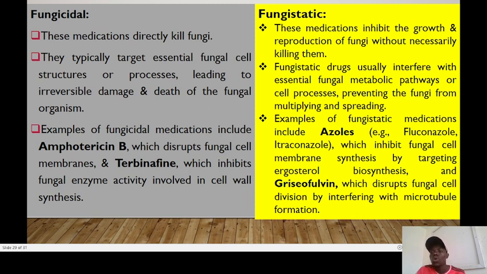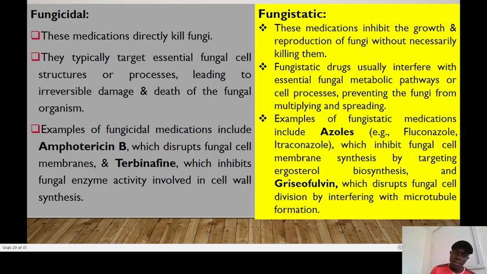Fungicidals typically target essential fungal cell structures or processes, leading to irreversible damage and death of the fungal organism. Examples of fungicidal medications include amphotericin B, a polyene which disrupts the fungal cell membrane, and terbinafine, which inhibits fungal enzyme activity involved in cell wall synthesis.